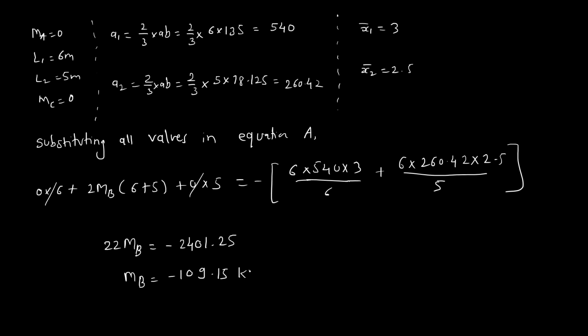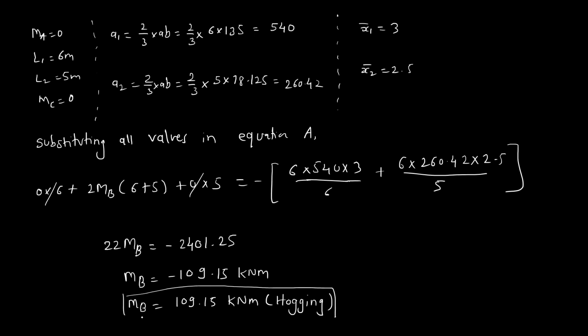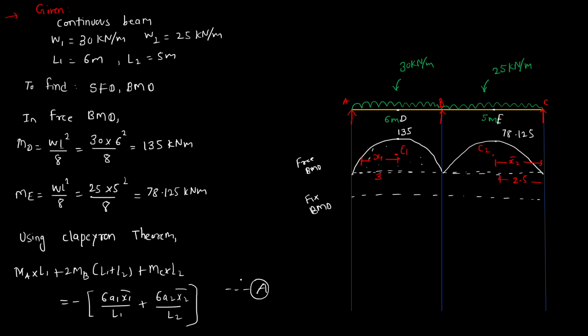So MB is equal to minus 109.15 kilonewton meter. This negative sign denotes the hogging moment. So instead of this we can write it like this, 109.15 kilonewton meter hogging. So we have got the value of MB, we know MA and MC, so we can draw the fixed bending moment diagram.